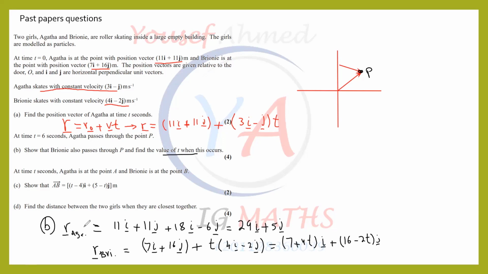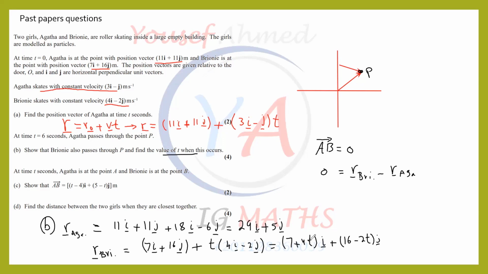Once both of them reach the same point, the distance between Biruni and Agatha will be 0. So you start with the position vector of Biruni minus the position vector for Agatha, and make it equal to 0.